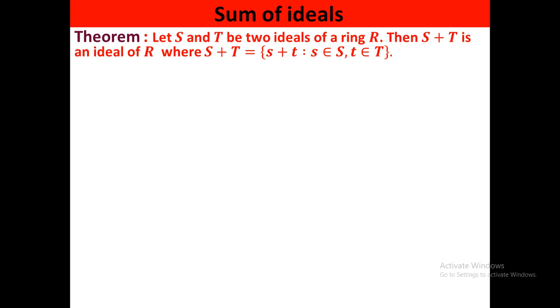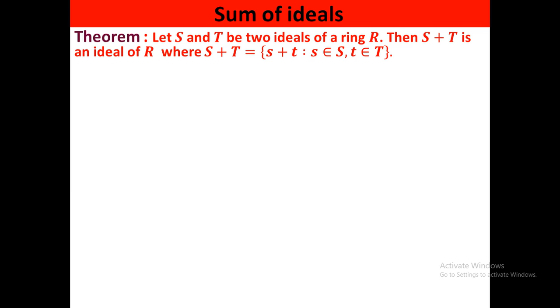So here we also use that theorem. There are two conditions. In the first condition you have to take two elements a, b from S plus T, then you have to show that a minus b belongs to S plus T. And for the second condition you have to choose one element from the ring.